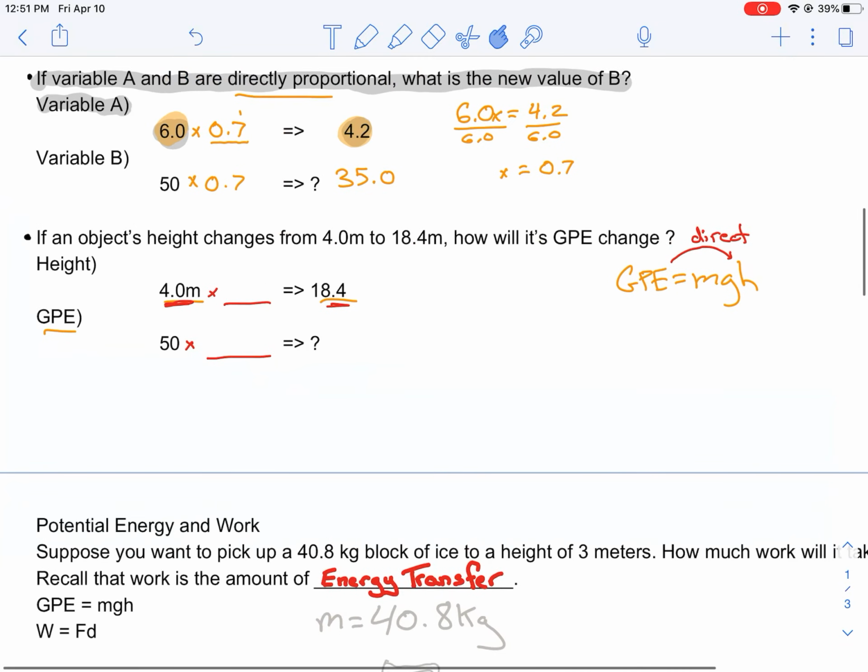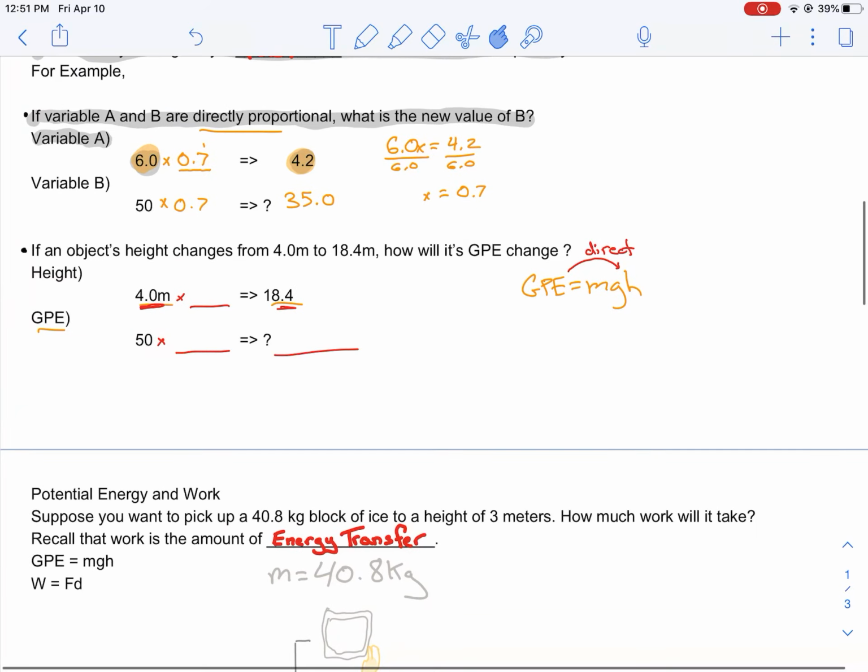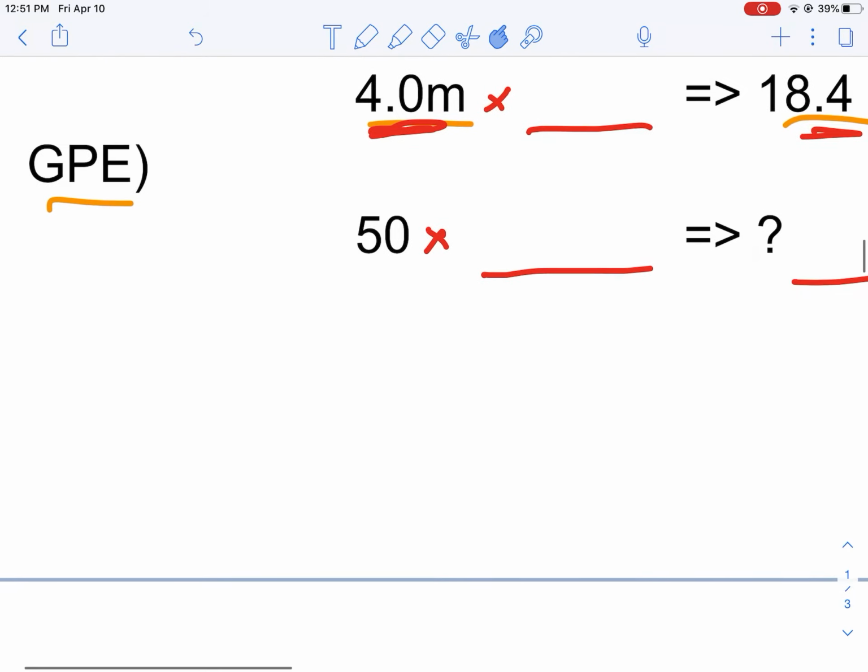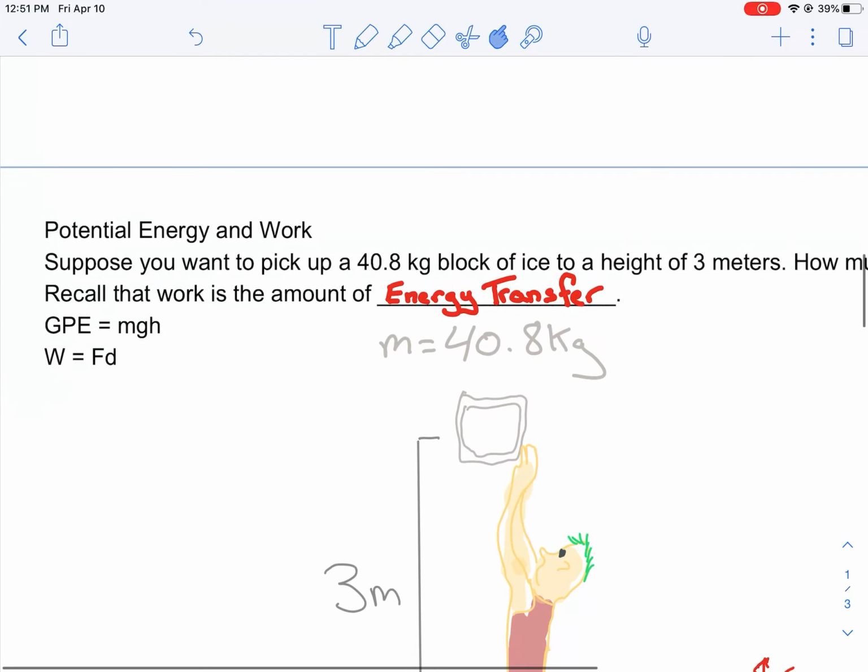I want you guys to do this problem on your own and tell me what you get for the answer there, for what's the new GPE once the object's height is changed. I left out an important unit here. 50 joules of energy is what this guy would start with.